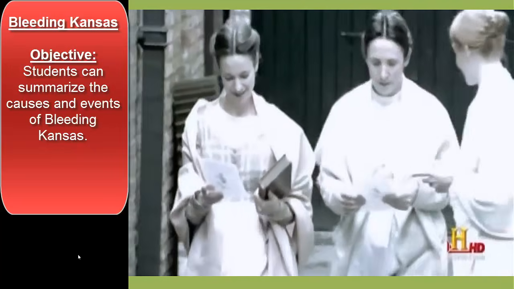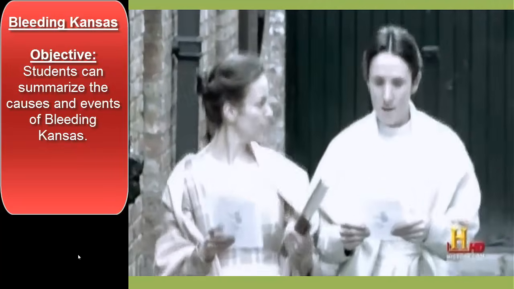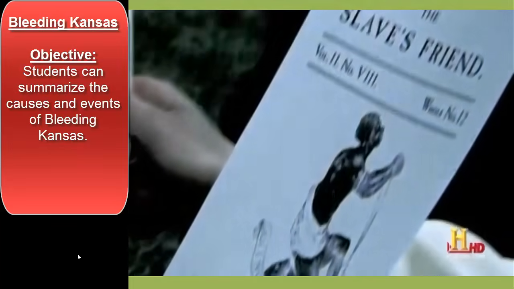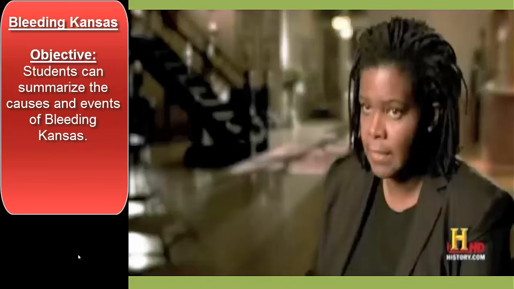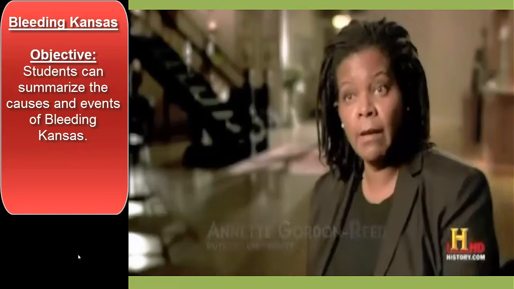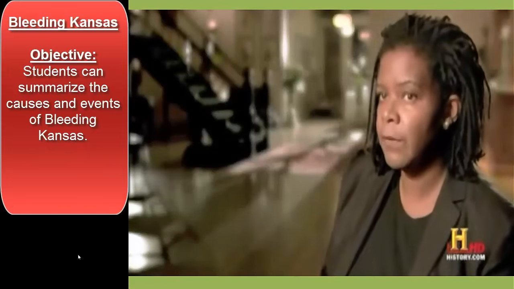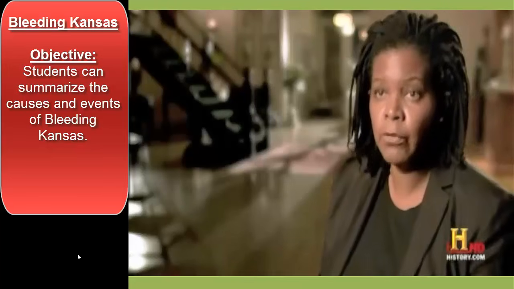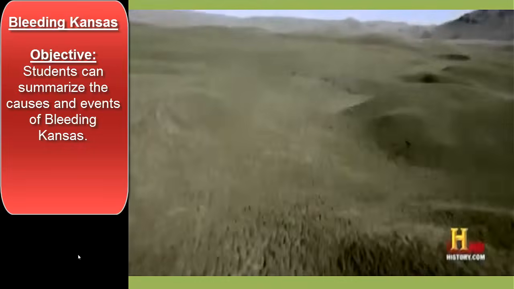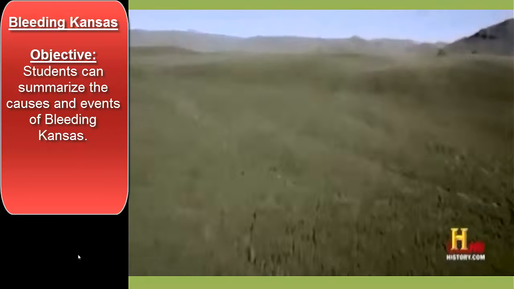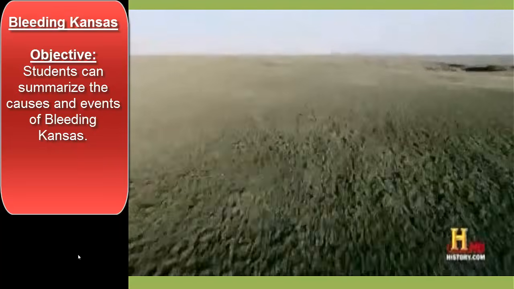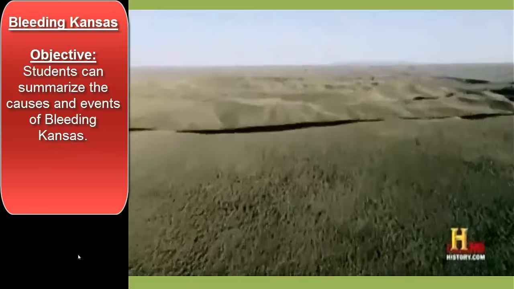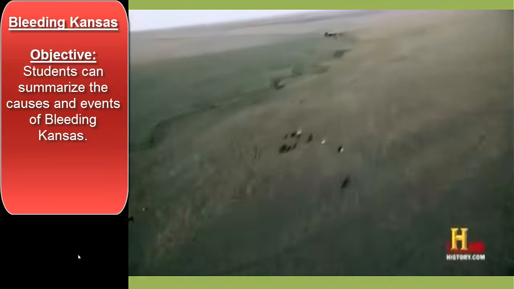As America expands across the continent, North and South face off over each new territory. Will it be slave-owning or free? The Northerners began to see that, wait a minute, they're not going to keep slavery just in the South. They want to take slavery west and to turn the country into a slave country. Americans from all over the country are flooding into the new territories on the frontier.